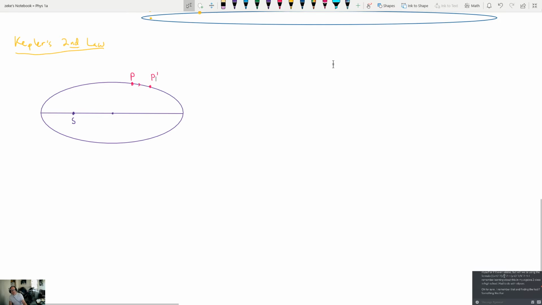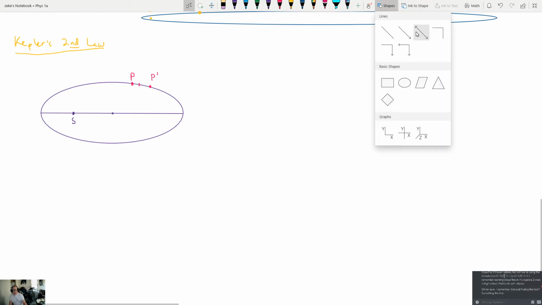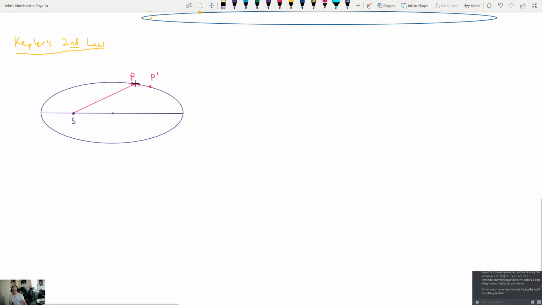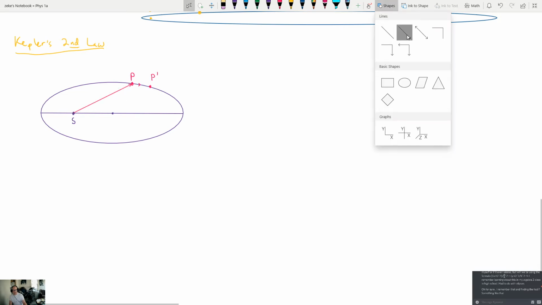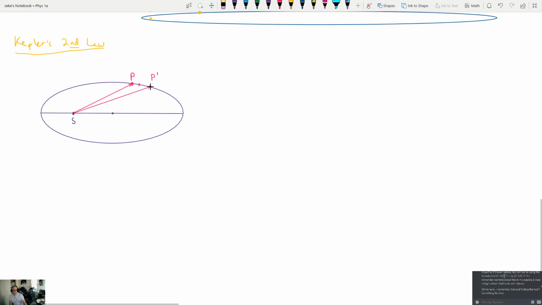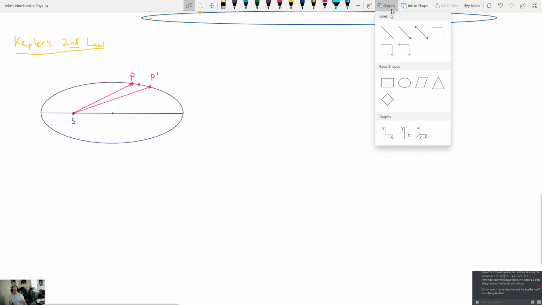Kepler's second law says that if you draw a line out to where that planet is, from here to here, and actually, we're going to draw a vector. So if I draw a line from S to P, and then I draw another line from S to P prime, and actually I'm going to have to draw one more line now that I think about it.